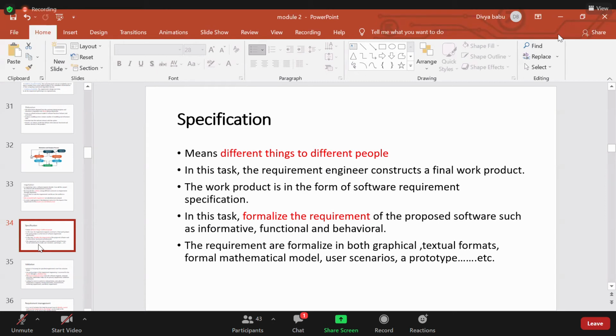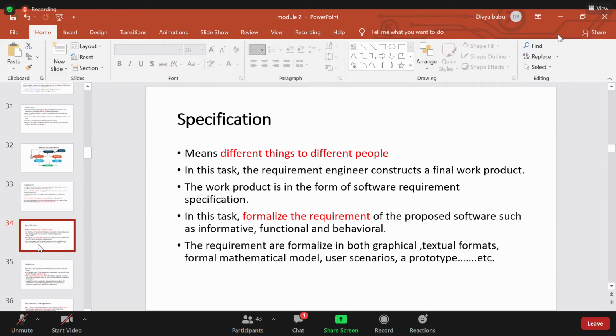We collect the requirements from the customer, pick up his needs, and write them in the form of a document. It's not normal natural language, like English-type language. When you create the SRS, you mention the details, and you can use technical terms.